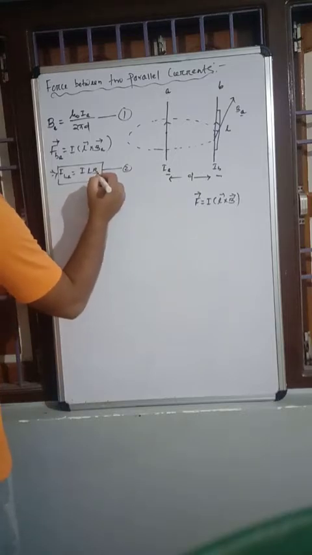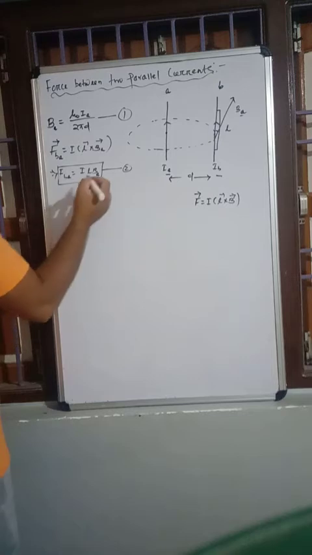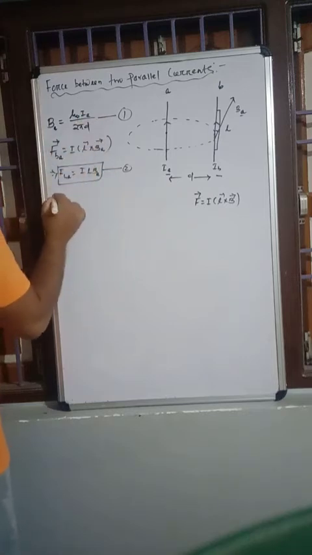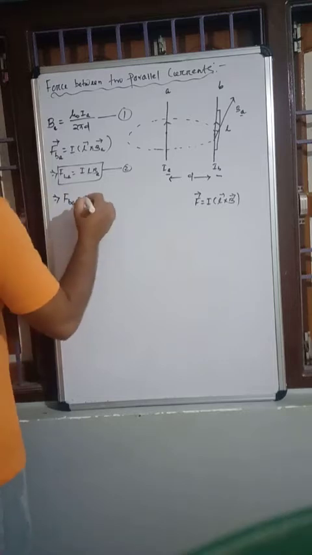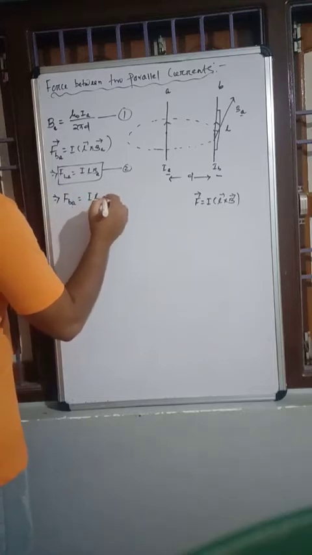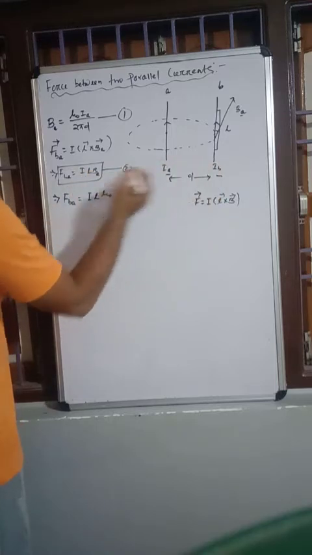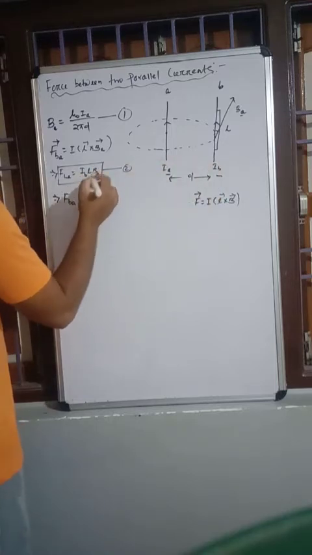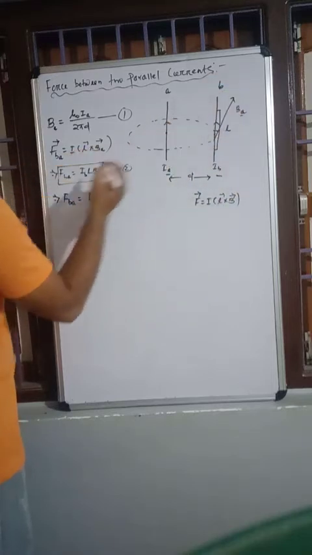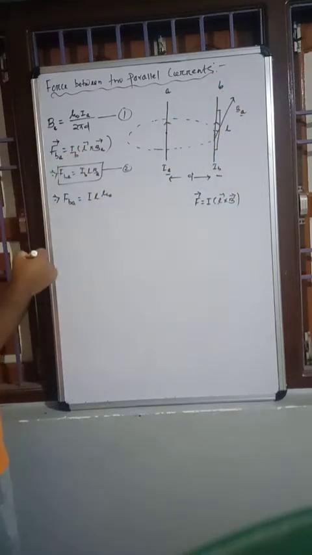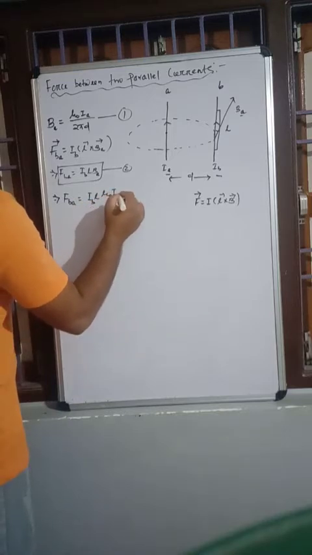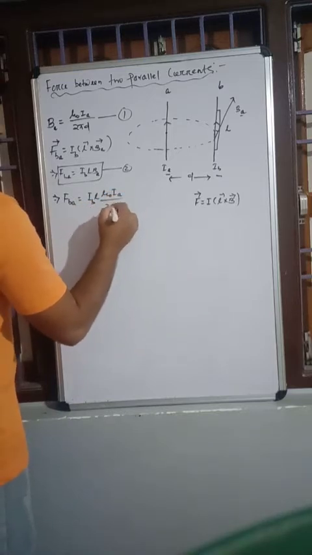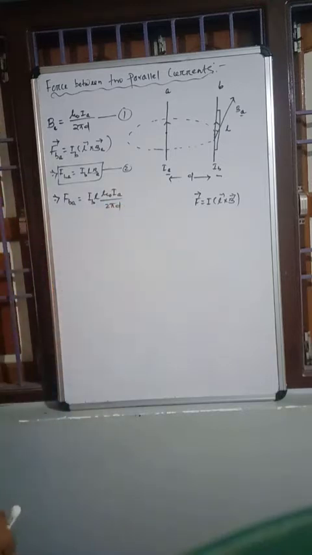So here the magnetic field is BA. By putting the value of BA here, you will get FBA will be equal to IL mu naught. Sorry, here I mean this is IB. The current flowing in this conductor is IB. So this is IB L mu naught IA by 2 pi d.